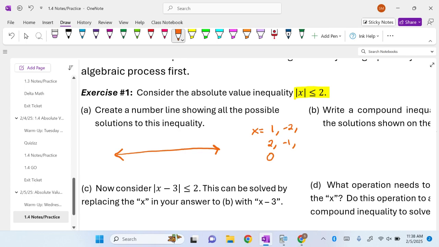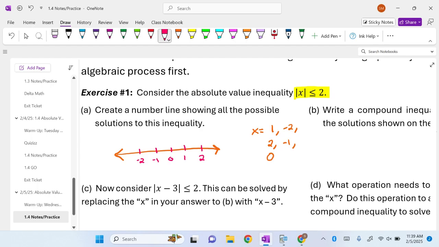So on a number line, we're going to look at where these numbers fall. So we have -2, -1, 0, 1, and 2. These are our values that work. Now, could numbers between, like decimals between those 5 numbers, work as well?